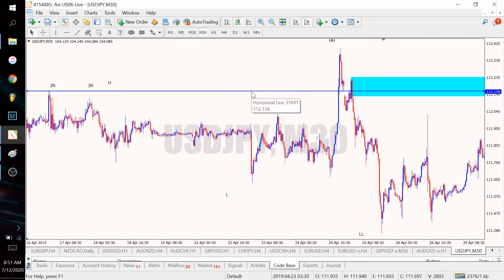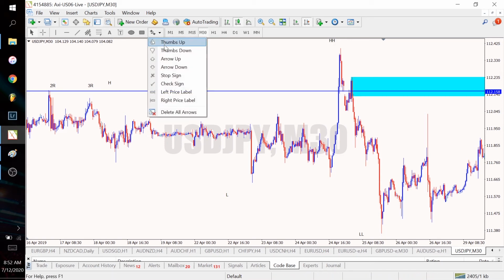Immediately what catches my eye is that we have a support here, and after that we have a break, then we have a resistance, came down, spike up again, and then we have the massive drop. So this is our significant level. We have to pay attention to this area.